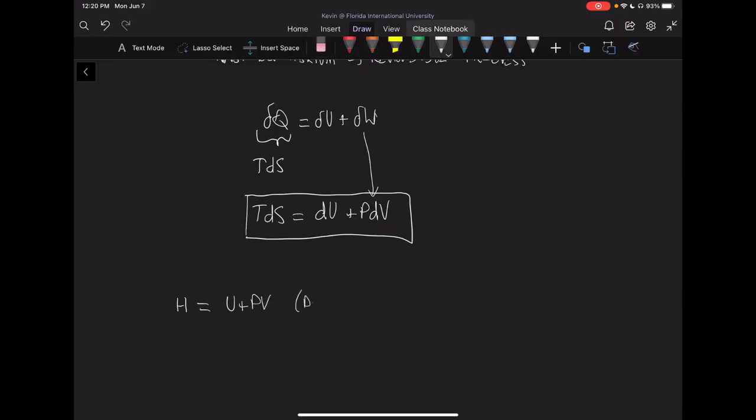Okay, this is our definition of enthalpy. Then if we differentiate this, with the chain rule, we have that dH is equal to dU plus P dV plus V dP.